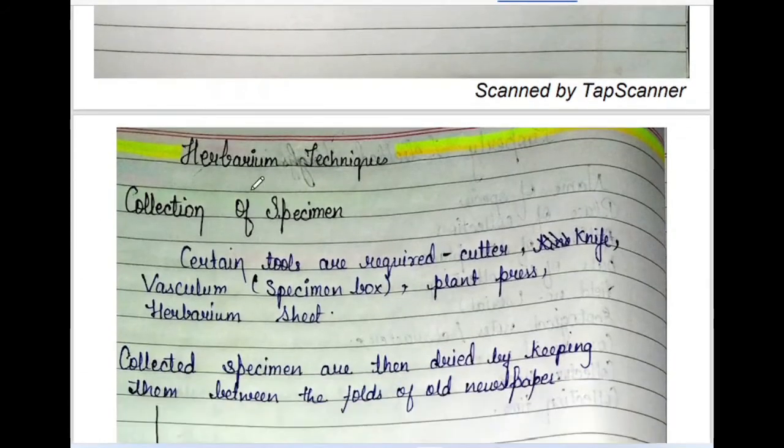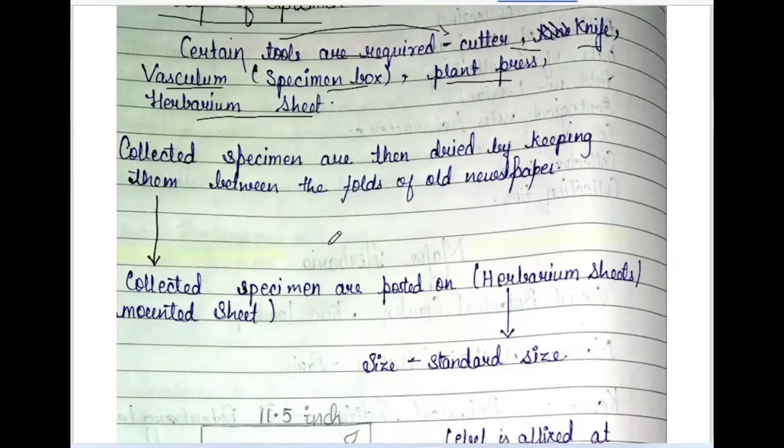What are the herbarium techniques? The first technique is collection of specimens. Collecting tools are required: cutter, knife, and vasculum, which is the specimen box in which we collect plant specimens. Then the plant is pressed. The collected specimens are dried by keeping them between the folds of old newspaper.